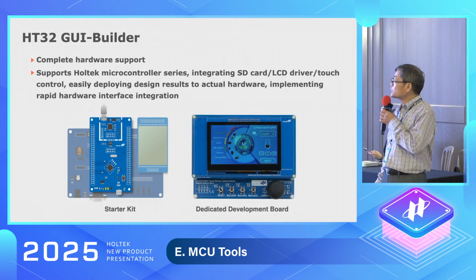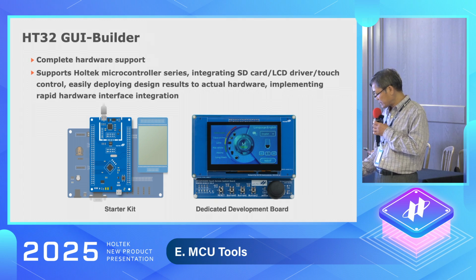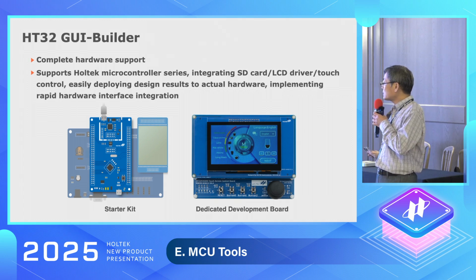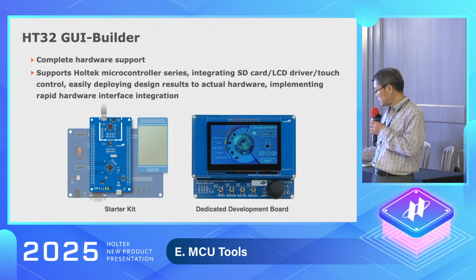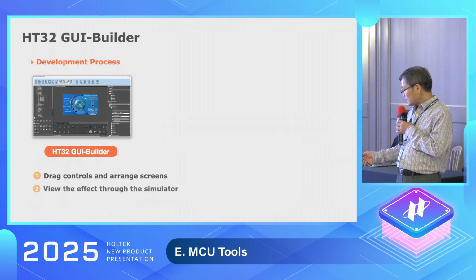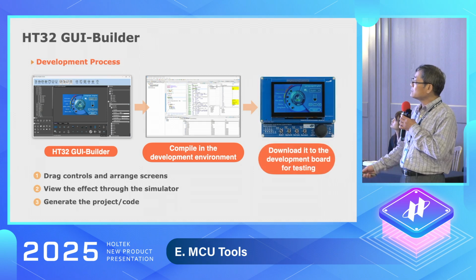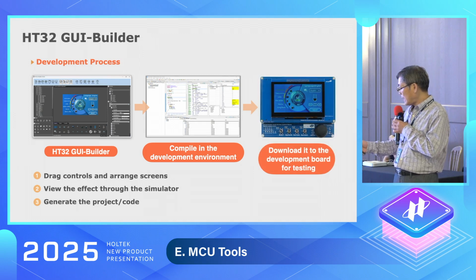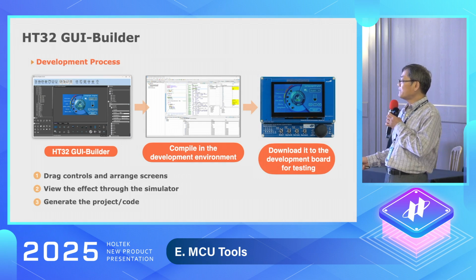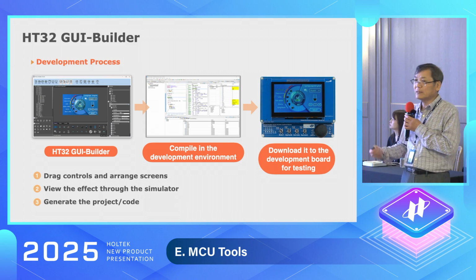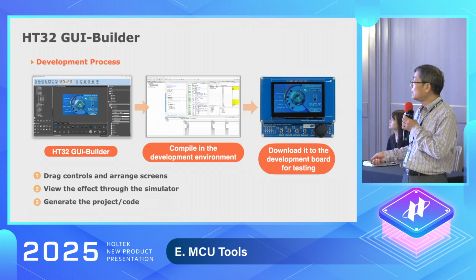To use the GUI Builder, there are 2 kinds of ways. First is to use starter key, and another one is to use a dedicated development board. Here's the procedure. First, you use our GUI Builder on the left. You drag all the controls and arrange the screen, and you can view the effect through the simulator, and then you generate code.